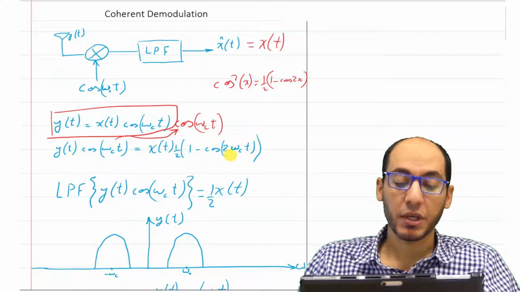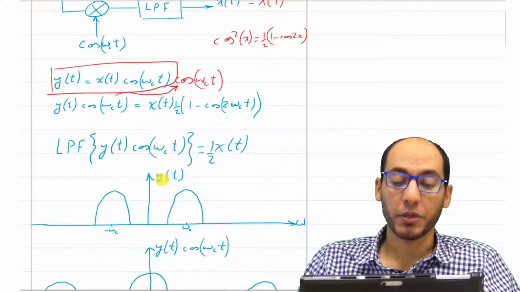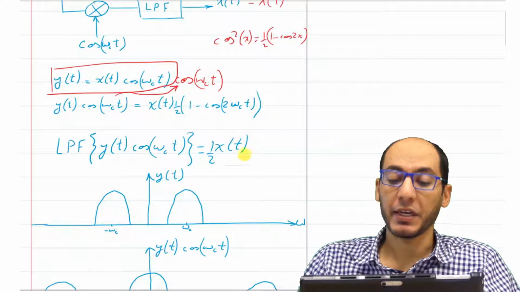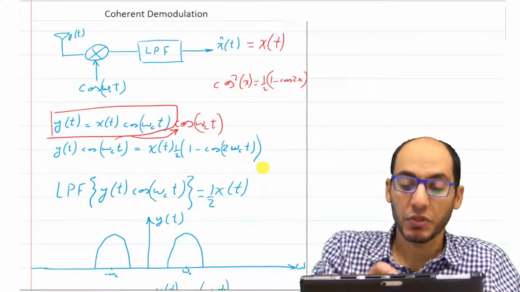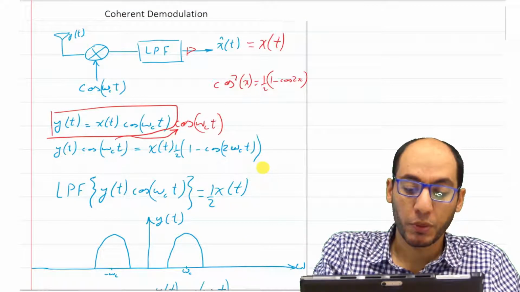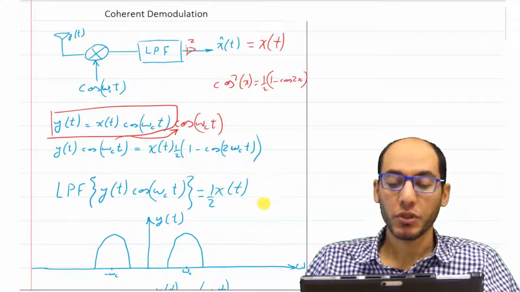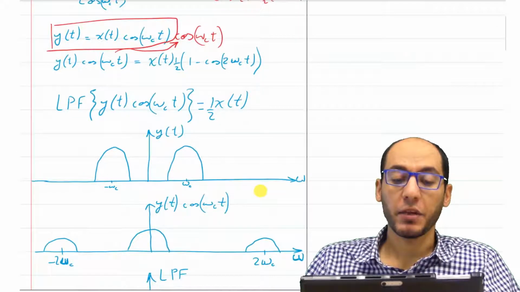That's why when I pass it through a low pass filter, I get the x of t back, subject to a scaling parameter. That's why sometimes we put here a gain of value 2, so that it gets rid of this half.